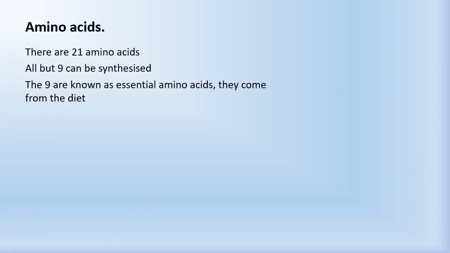So there are 21 amino acids. Amino acids, most of them come from the diet, but we can synthesize them within the body when necessary. Only 9 can't be synthesized. These are known as essential amino acids because they have to come from the diet.